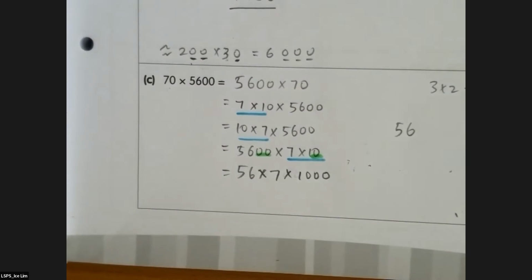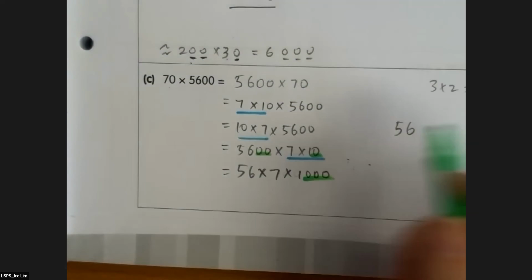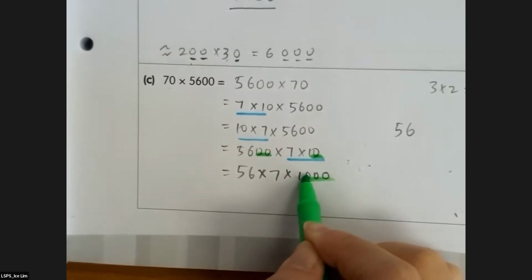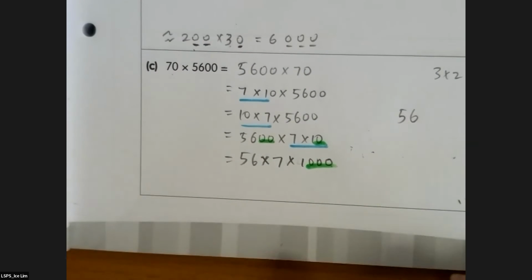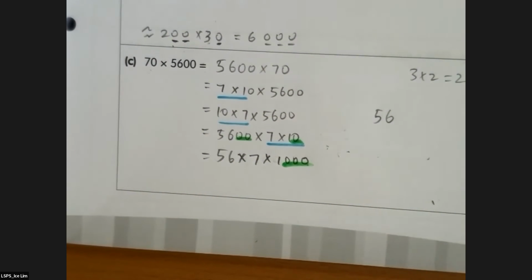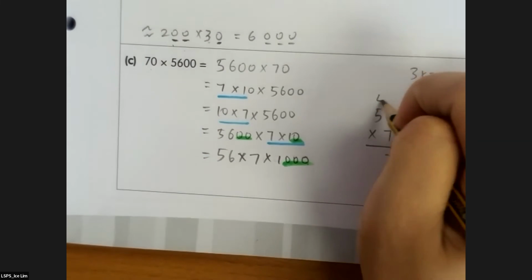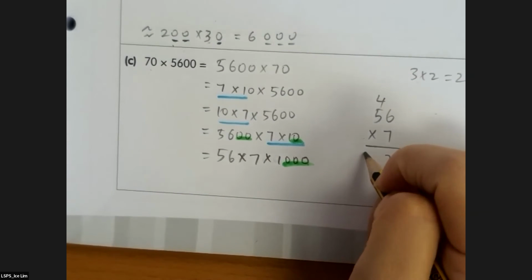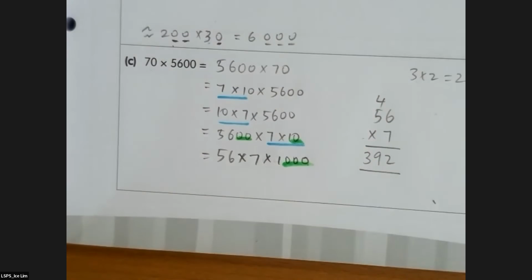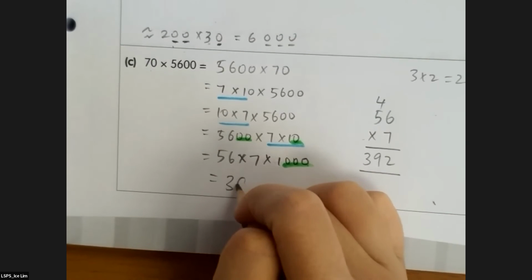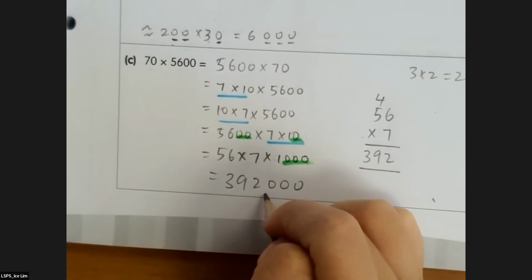So I kind of put the zeros together. So I kind of ignore all the zeros. I do the multiplication, 56 times 7. Then I put the zeros behind.